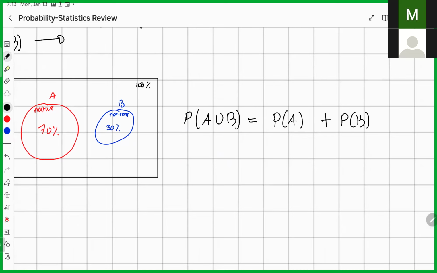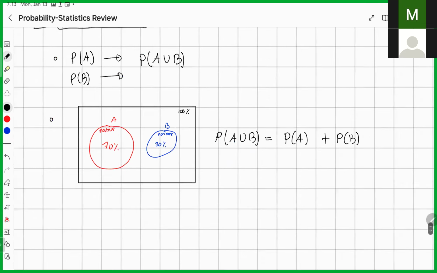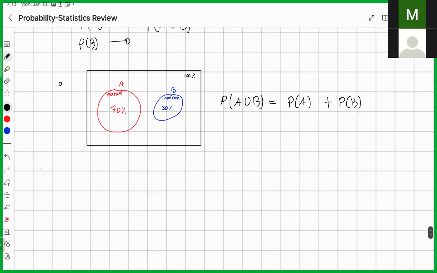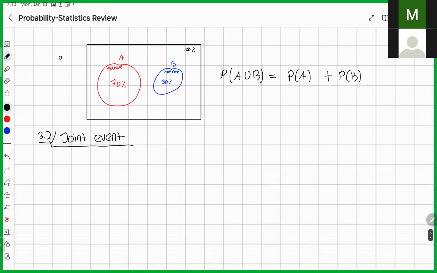Okay, and then for another sum of probability type, which is the joint event, there is an overlapping part between these two. I'm gonna give you an example.